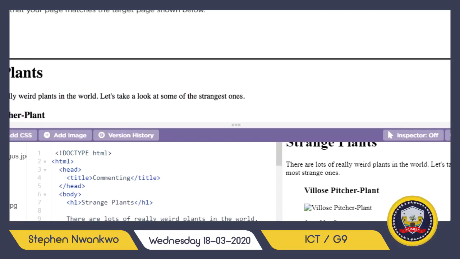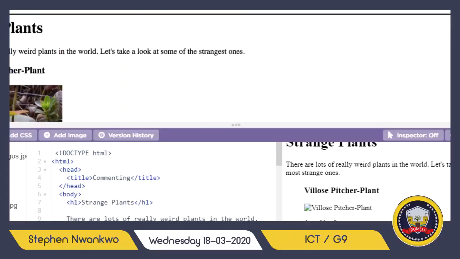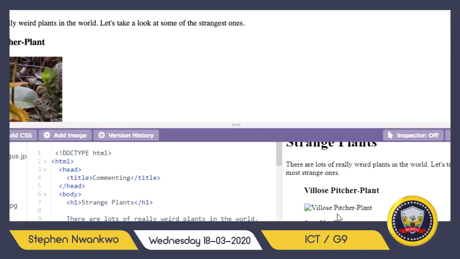It is not properly arranged. When you look at the Velospicia plant, there is no bullet here. We have bullets here, but over here there is no bullet. We have the image of the Velospicia plant here, but over here there is no image. Rather, we have the alternative text.